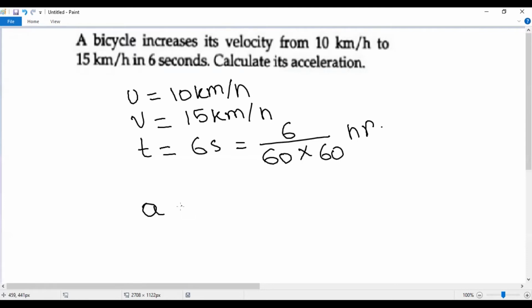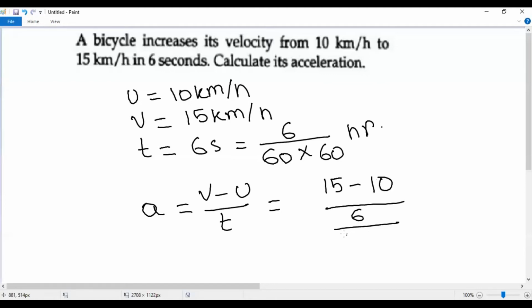Okay, so now let us calculate the acceleration. As we know that a is equal to v minus u by t, so we can write it as 15 minus 10 by 6 by 60 into 60. Okay, so after that we get 5 by 6 by 60 into 60.